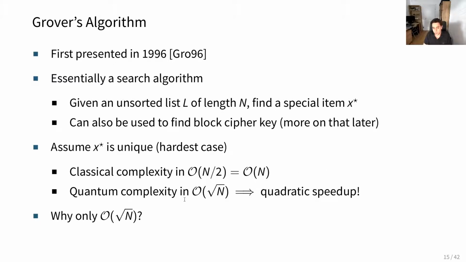On a quantum computer, we expect to find it after only 1,000 trials. So it can be a huge speedup, though it depends on the perspective, I guess. That's essentially the difference between the classical and the quantum computer. However, this doesn't explain anything, right? So why do we only need square root of n trials? This is the main question here. How does this work?